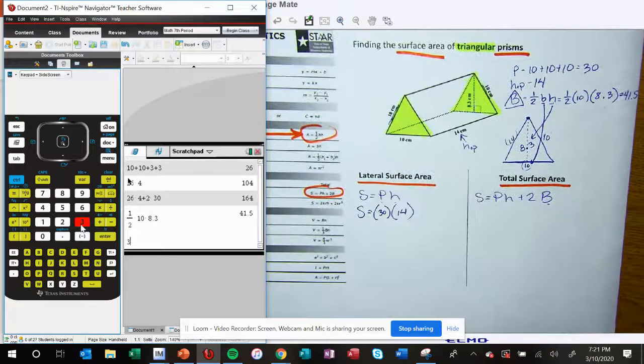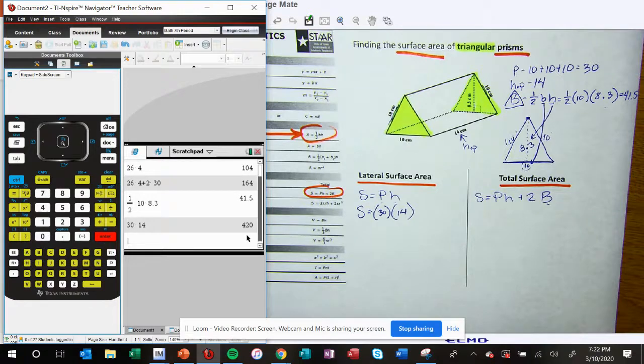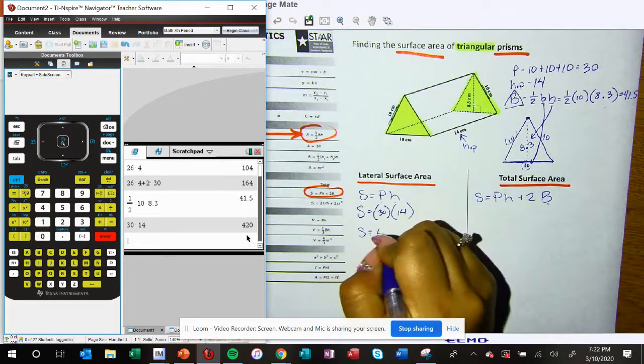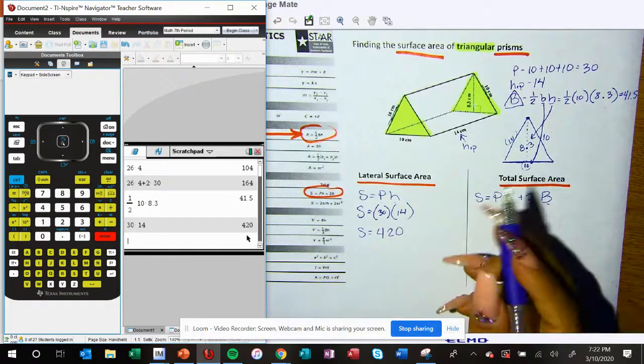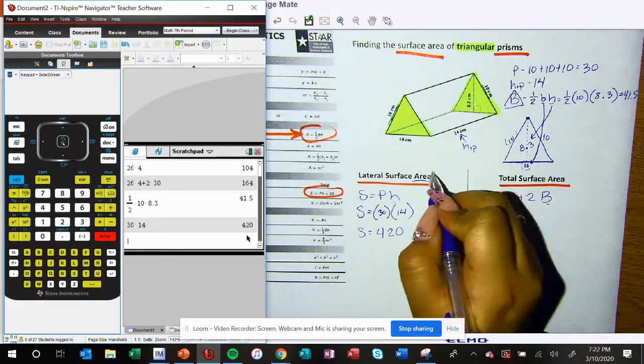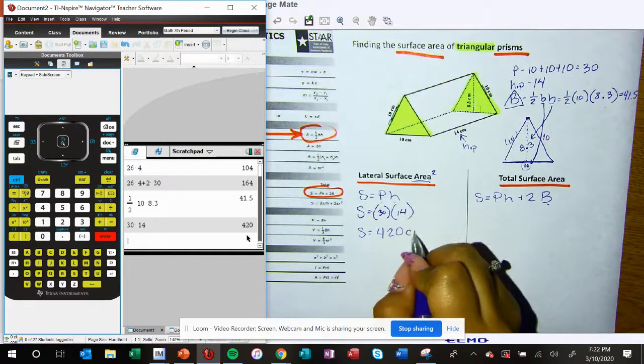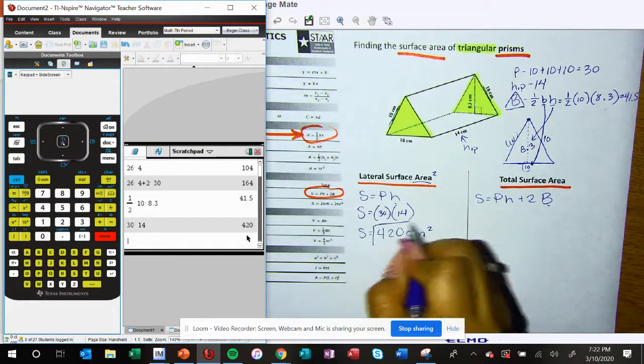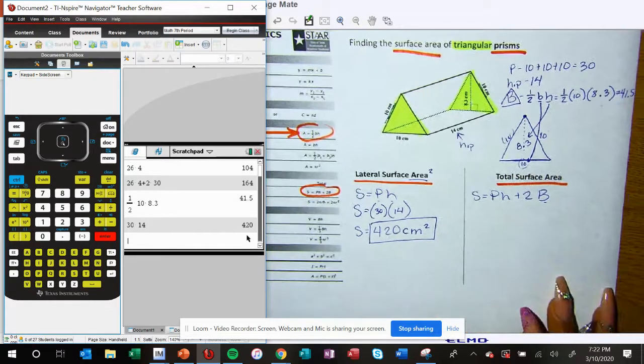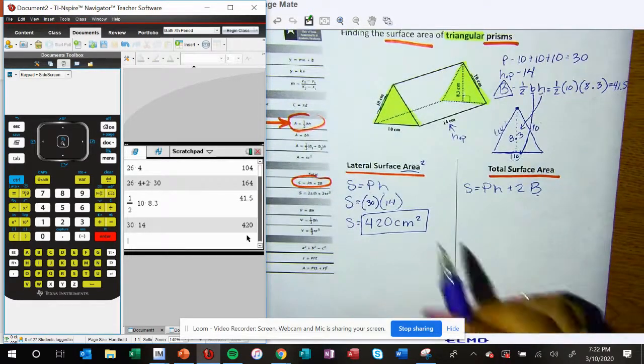So I'm going to plug that in over here. Let me use my parentheses, 30, and then 14, and that gives me 420. Again, because I'm talking about area is always squared, so I'm going to use my units as squared centimeters.